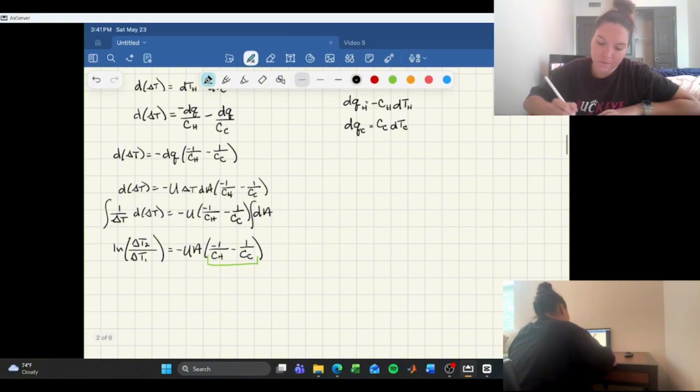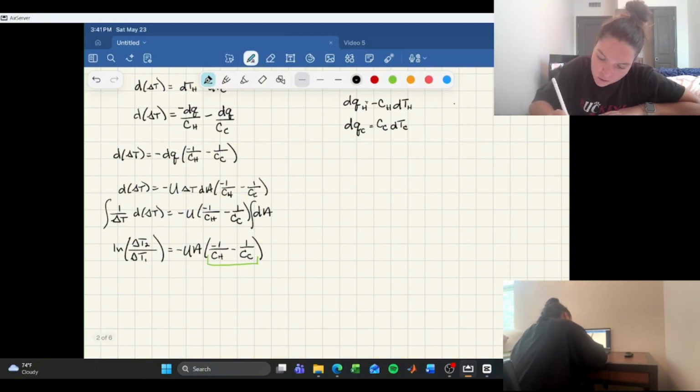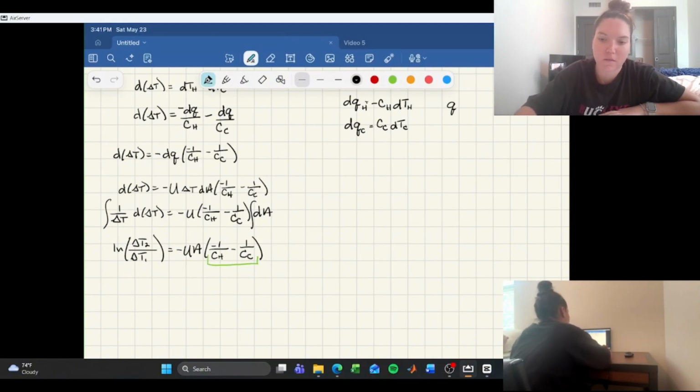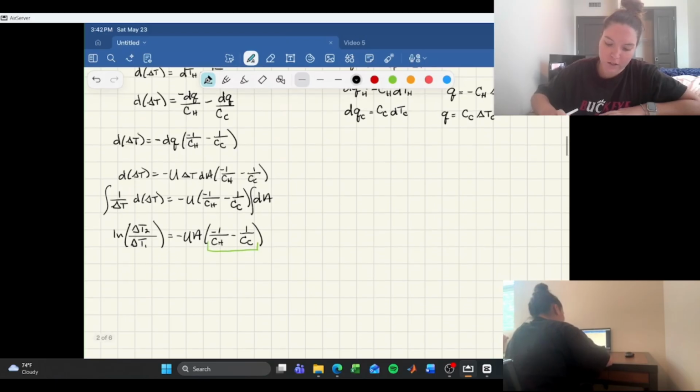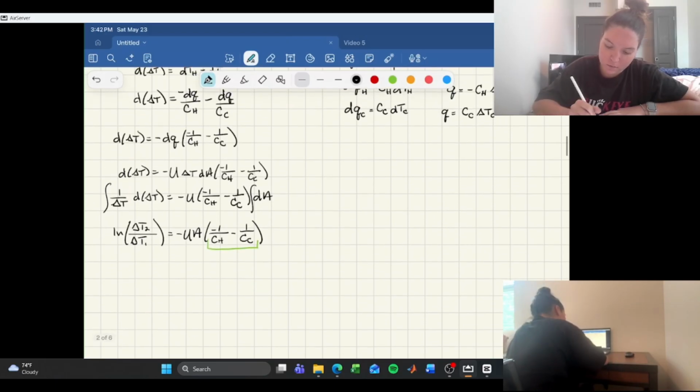So we're going to be getting Q in terms of, it's going to be equal to the mass flow rate heat capacity of the hot stream times the change in temperature of the hot stream, and also the mass flow rate heat capacity of the cold stream times the change in temperature of the cold stream. And then I'm going to rewrite them a little bit lower.